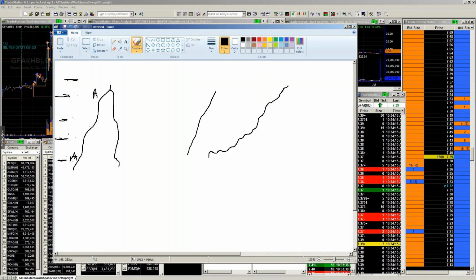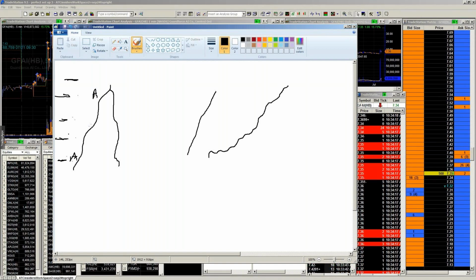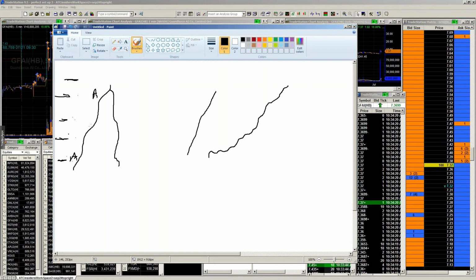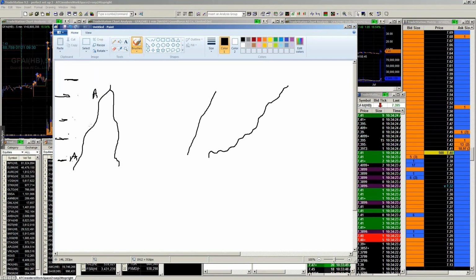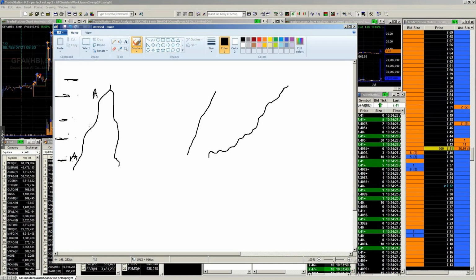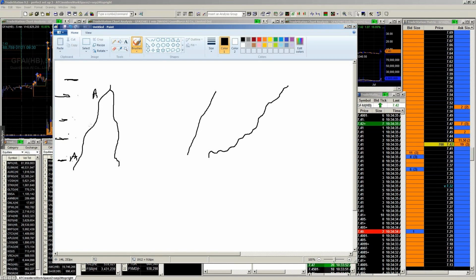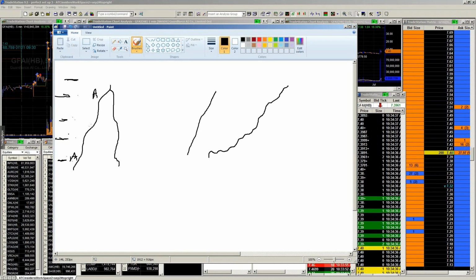Okay, but I want you to think, what is perfect case scenario here within the prints? We get ask at our first level, and it keeps pushing past it without actually pulling back. What is perfect? What am I now looking for within the prints? Because I'm not going to just look for a trigger.